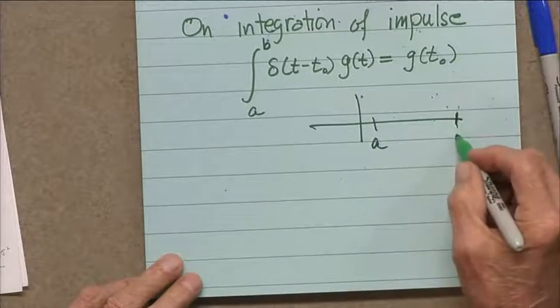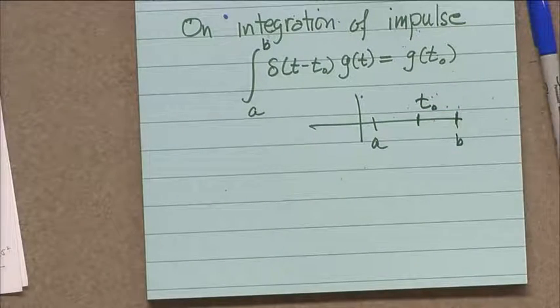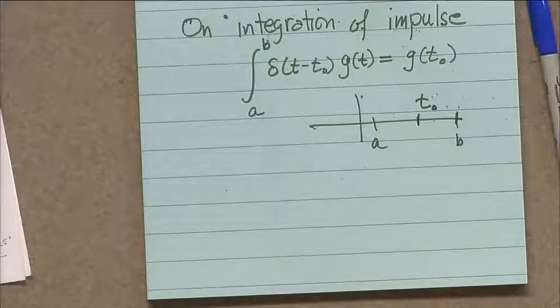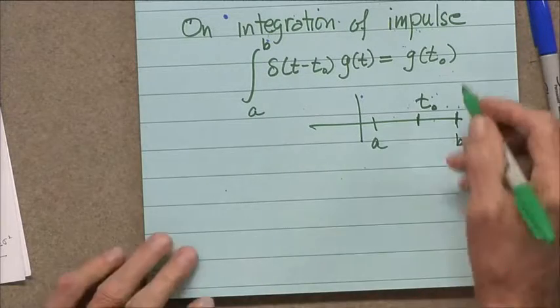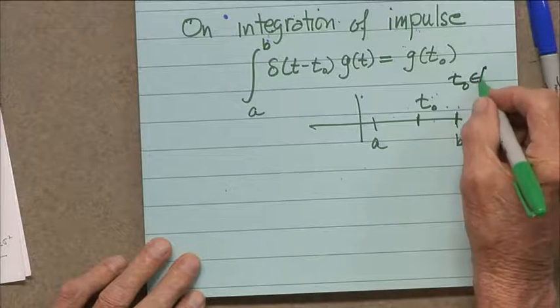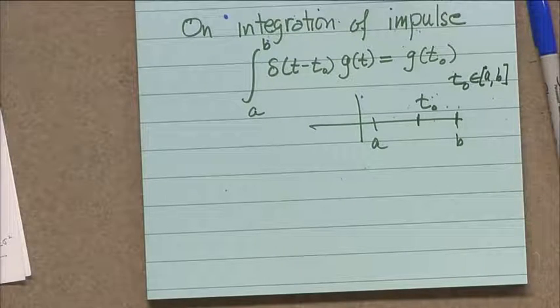And it's equal to g of t0, but if t0 is not in that interval, then it's 0. So it's this if t0 is in the interval ab. Otherwise, nada.